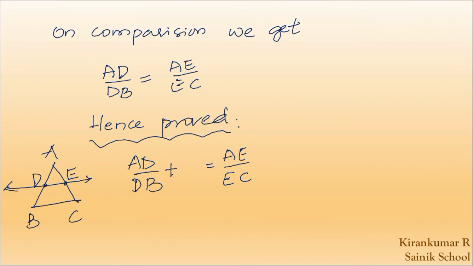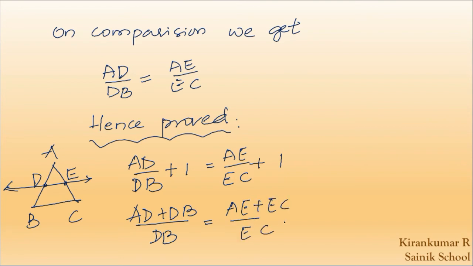Let's add 1 on both the sides. We get AD plus DB upon DB equal to AE plus EC upon EC. What is the sum of AD plus DB? We have AB.